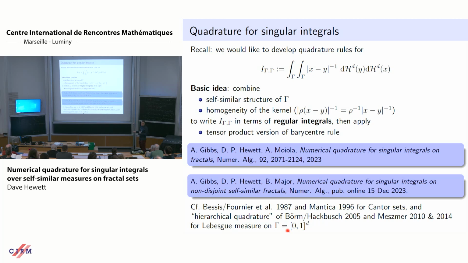But in our community, the numerical analysis community, there's also this idea of hierarchical quadrature, which is an alternative to mesh refinement strategy, and which has been implemented and used in our community by these people here, Böhm-Hackbusch and Mesmer. But that's just for the non-fractal case. This is just for the case of an interval or a rectangle.